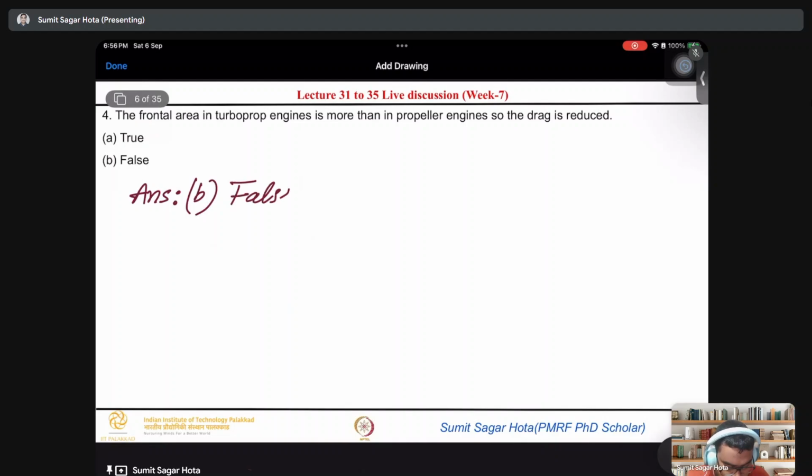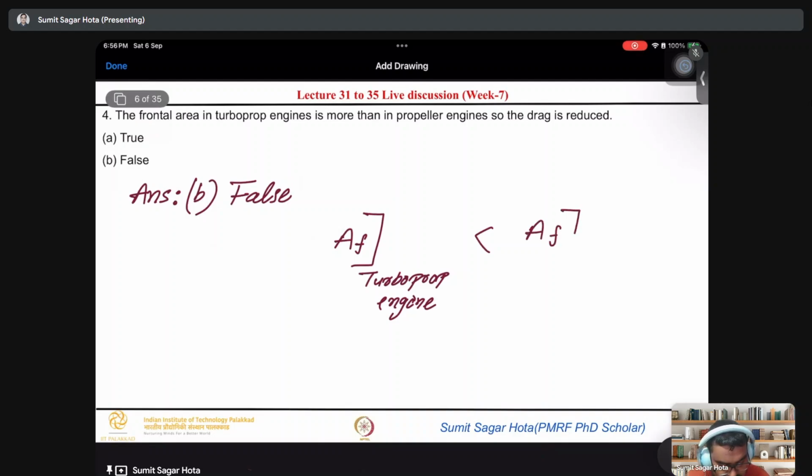The frontal area of a turboprop engine is always less than the frontal area of a propeller engine.